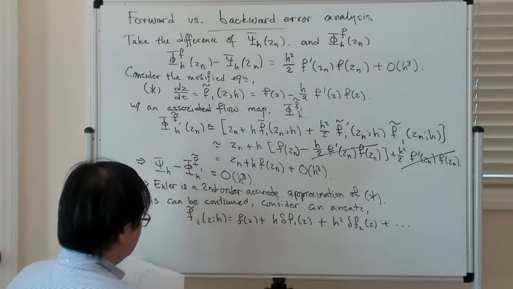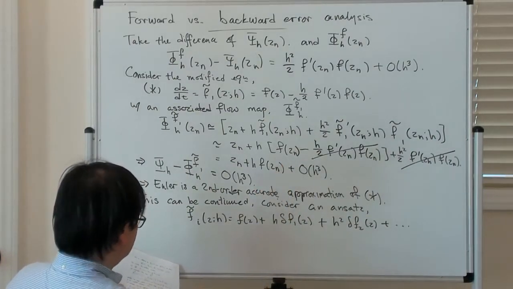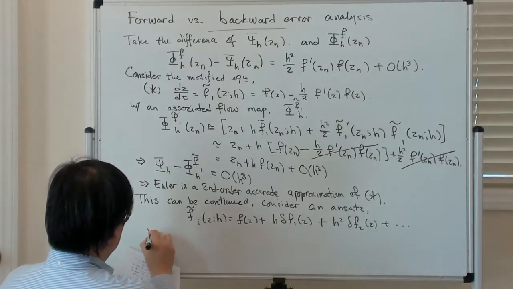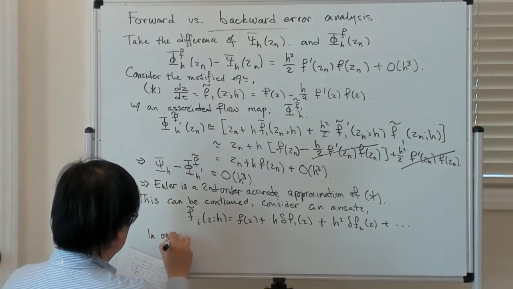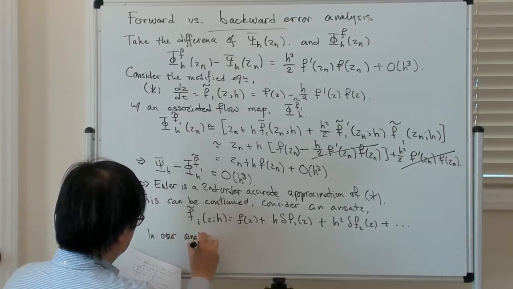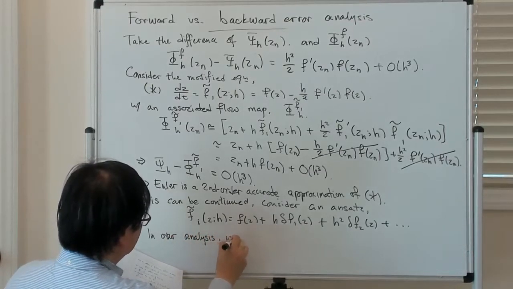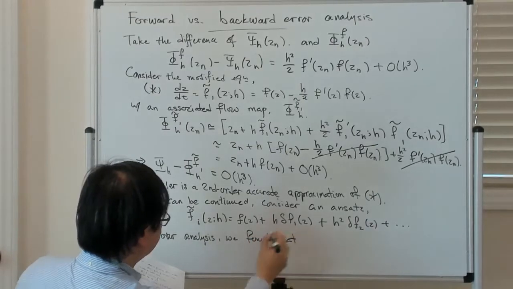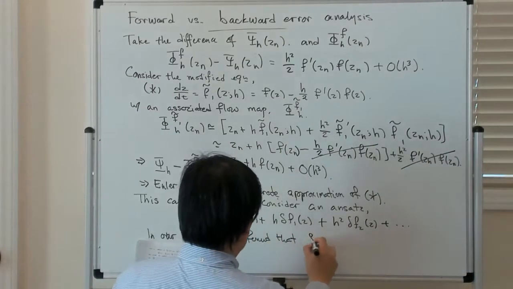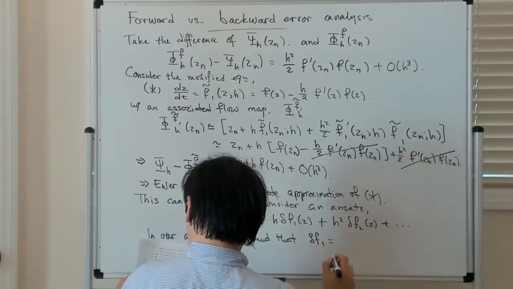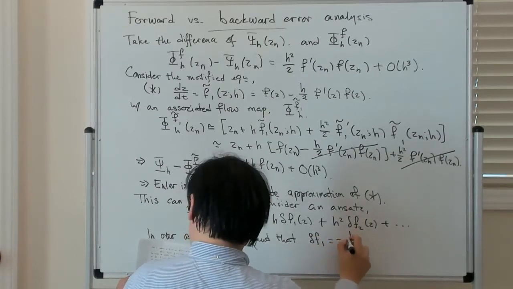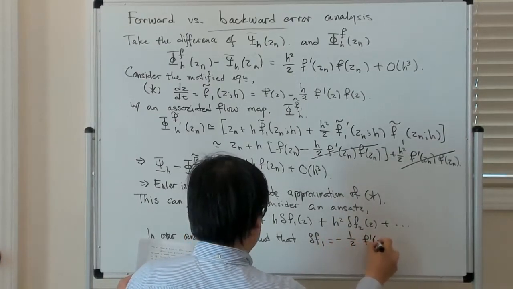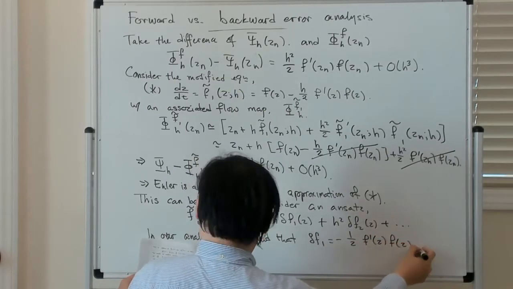In our initial case, we found in our analysis that delta f1 was equal to minus 1/2 f prime(z) f(z).